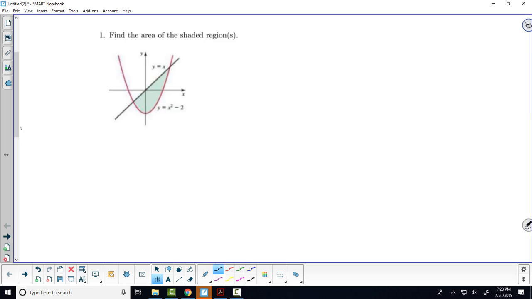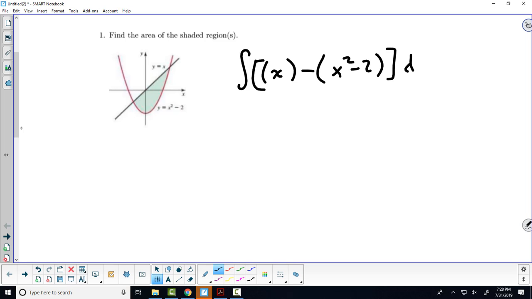So let's see here. It seems to me that the black curve is above the red curve, right? So we're going to do the integral of the black curve, which is x, minus the red curve, which is x squared minus 2. Be careful, folks. When you subtract a function, you better put it in parentheses.